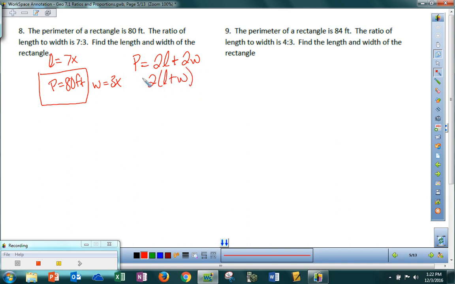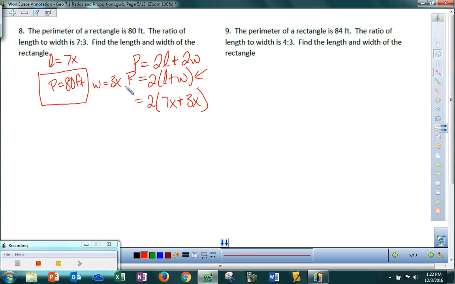Those are equivalent. Now, I like this last one because we were originally given the length and the width, 7 and 3, so it makes our life a little bit easier when we go to solve this problem here for x.